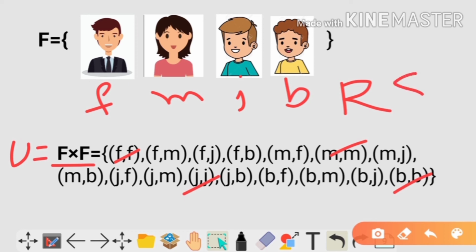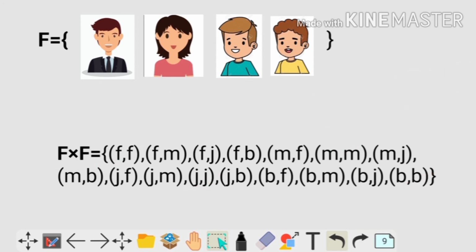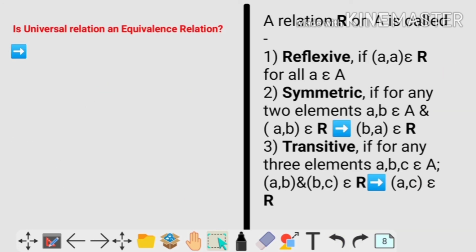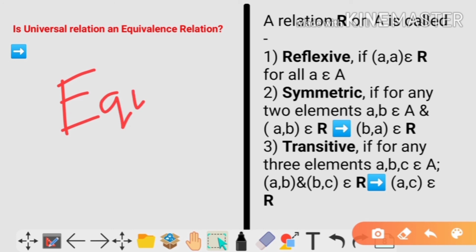So it is symmetric and transitive as well. As it satisfies all these three conditions, a universal relation is an equivalence relation on the domain set.